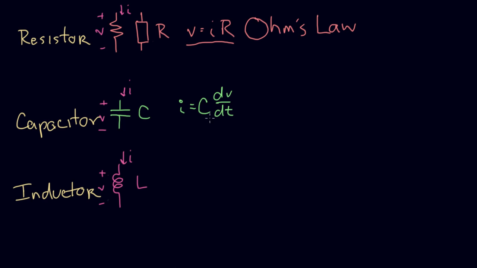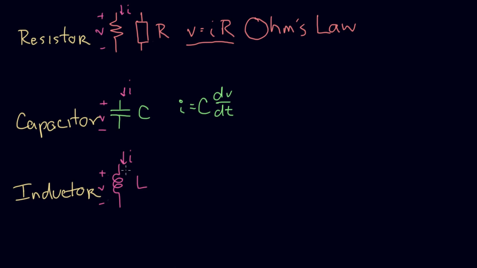So this is the rate of change of voltage with respect to time. We multiply that by this property of this device called capacitance, and that gives us the current. This doesn't have a special name, but I'm going to refer to it as the capacitor equation. So now we have two equations. Let's do the third equation, which is for the inductor.